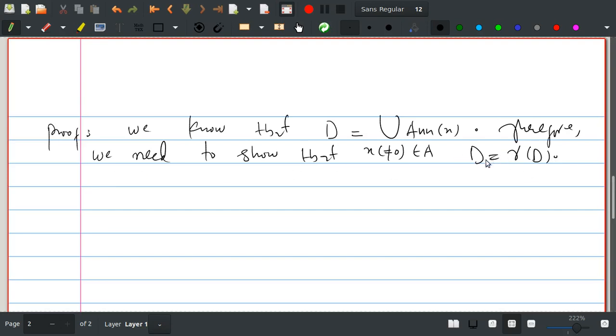Note that D is always contained in its radical, because we know I is always contained in the radical of I.